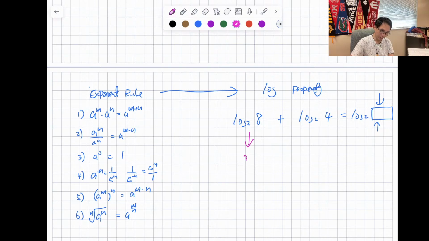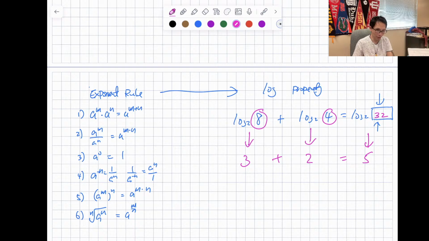This is 3, this is 2. Do you know why? 2 to the which power is 8, and 2 to the which power is 4. It turns out this one is going to be 5, according to 2 plus 3 equals 5. But log 2 of which number equals 5? 32.